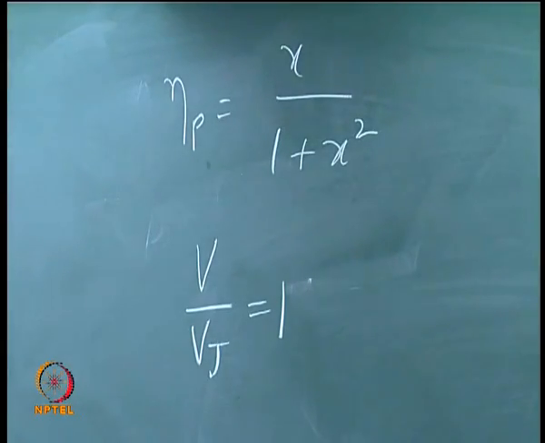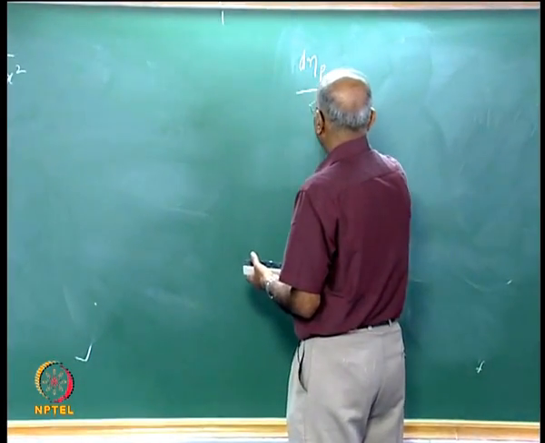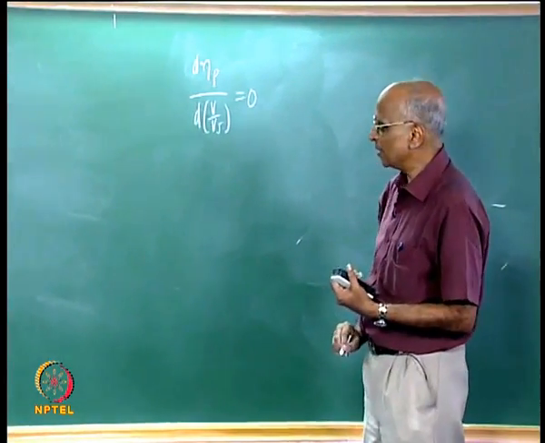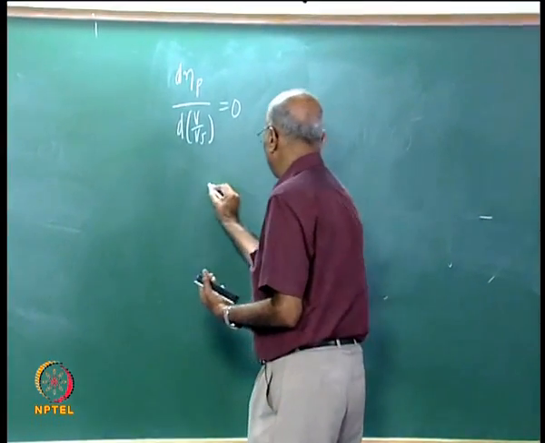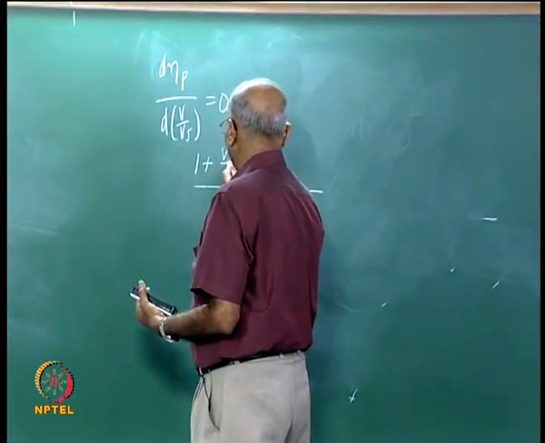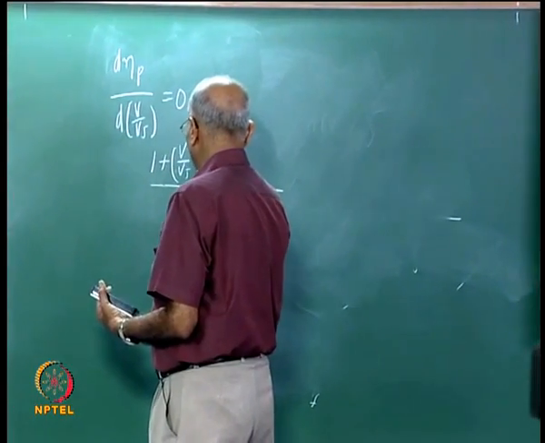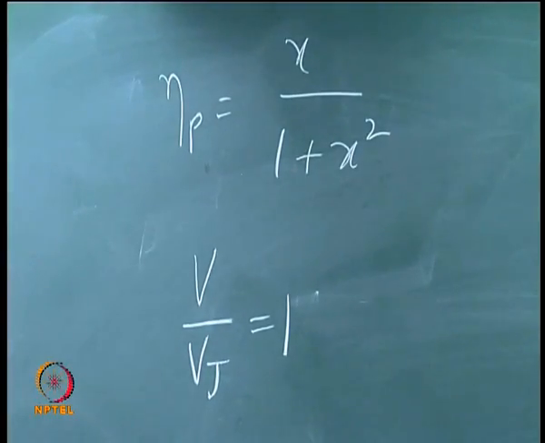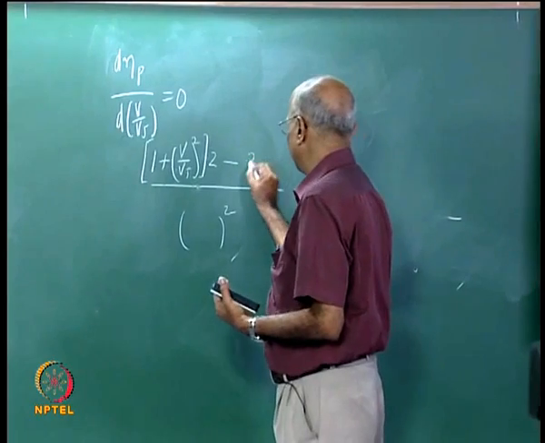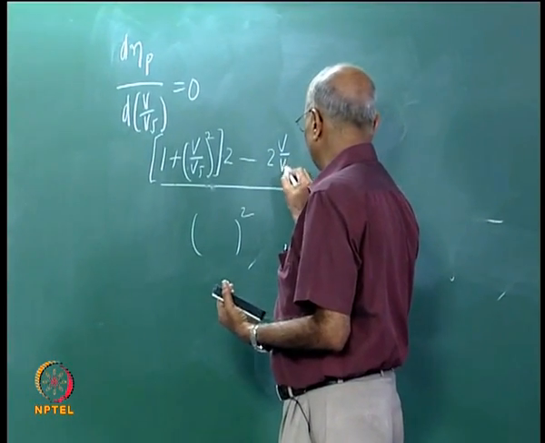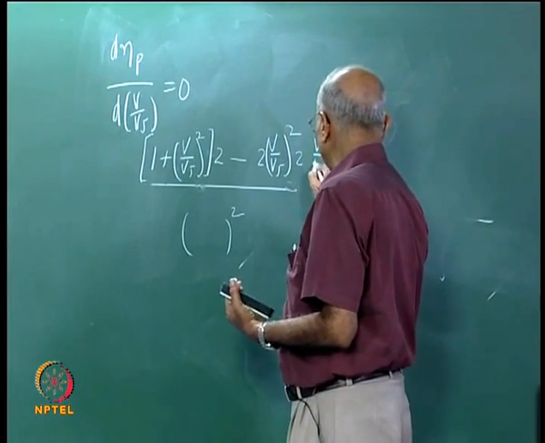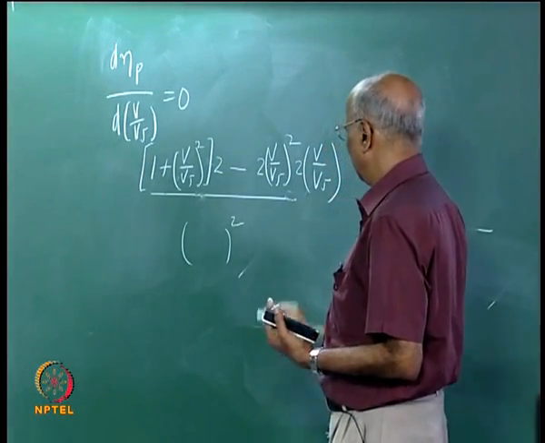Let's do that exercise. d eta p by d of V by Vj must be equal to 0 to give me the maxima, and for that you would say, denominator square into denominator, 1 plus V by Vj square, into differential of numerator 2, minus numerator into differential of denominator 2 of V by Vj, and this must be equal to 0.